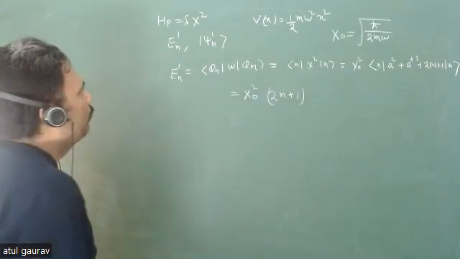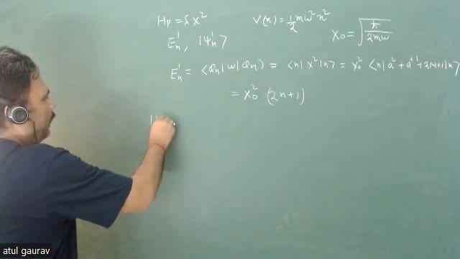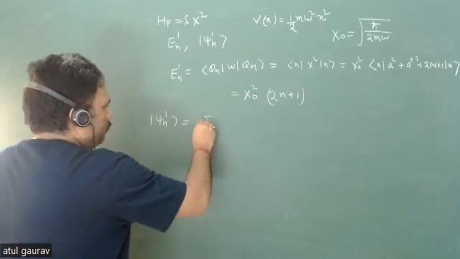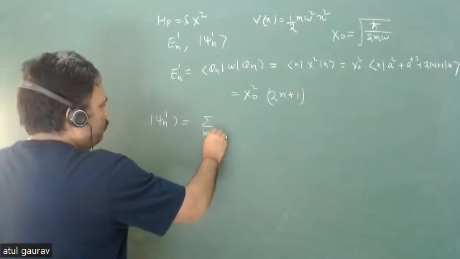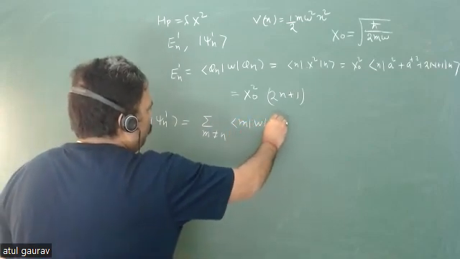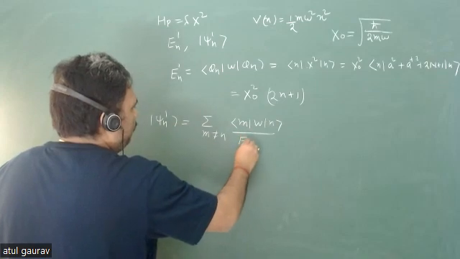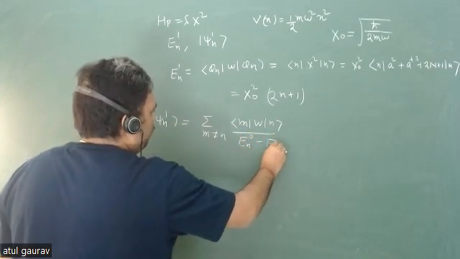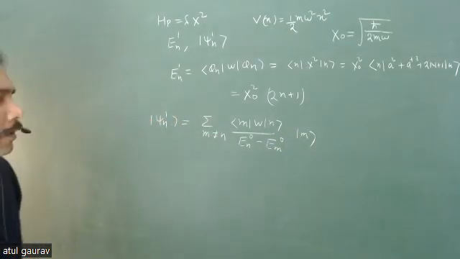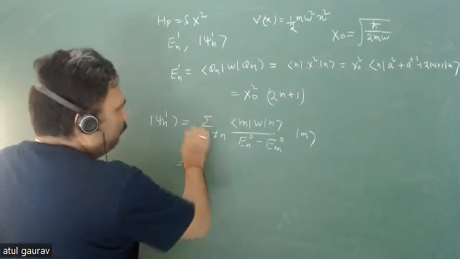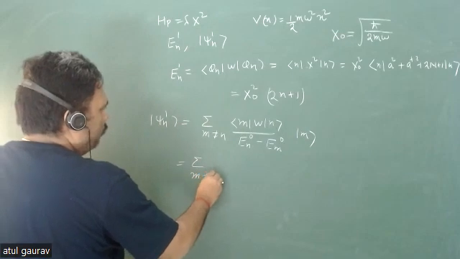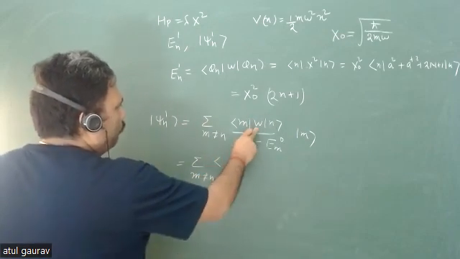Okay, let's go for psi n1. It's very interesting. Now, so you have again m is not equal to n, and here we will go for <phi m|H'|phi n> and En0 minus Em0, and we have to go for |phi m>. Okay, or |m>. Now here we have three terms. So first term will be summation over m not equal to n, and here we have to go for x square.